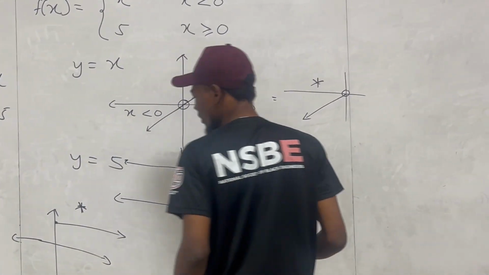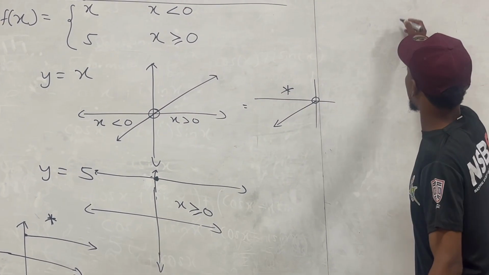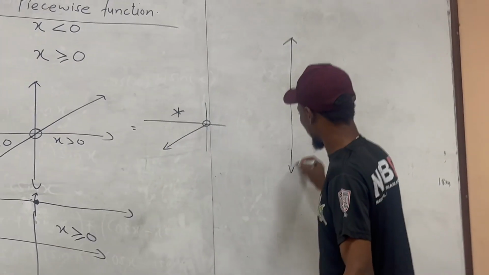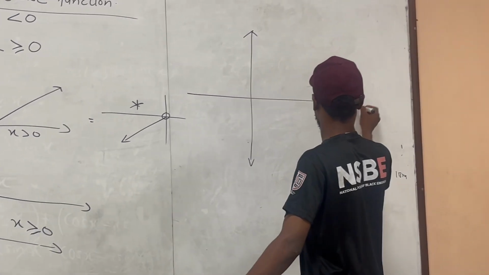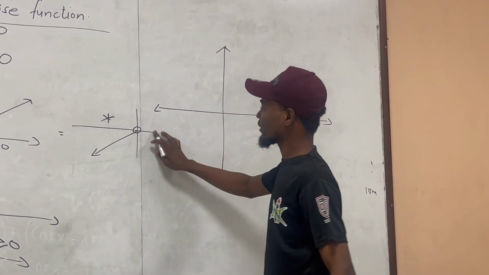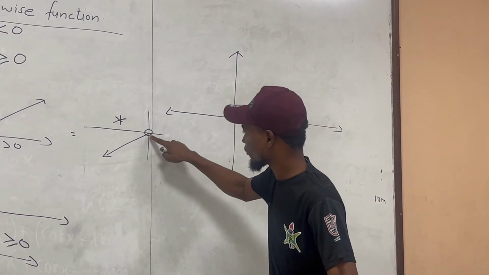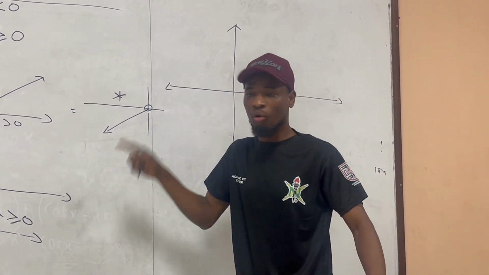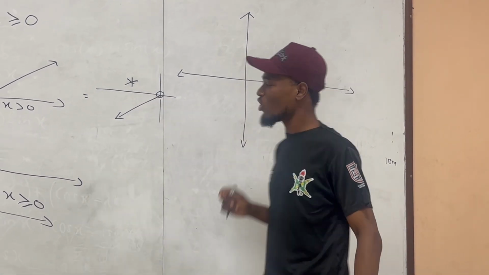So the final answer becomes this. I now have my rectangular coordinate system this way. Then we have this from the origin. The arrow is directed towards this side from the origin.